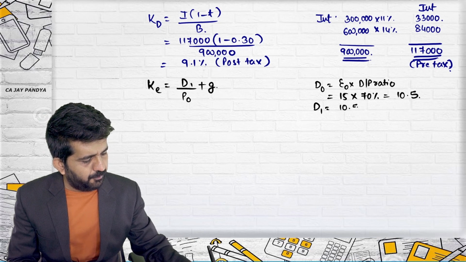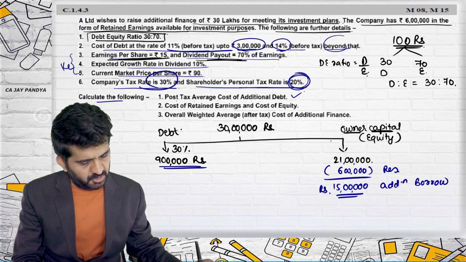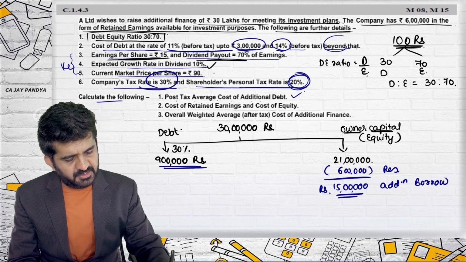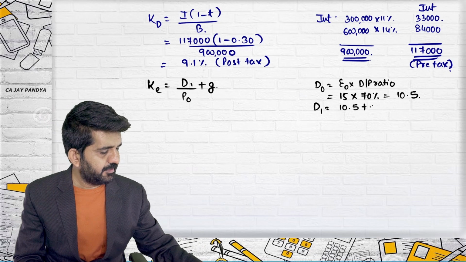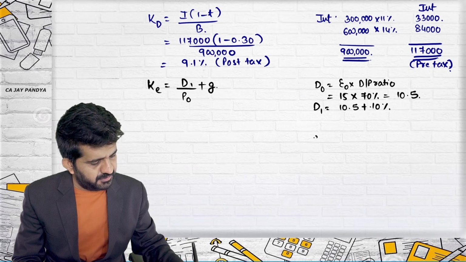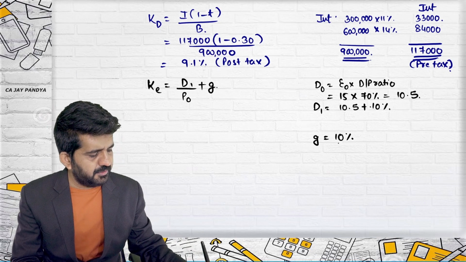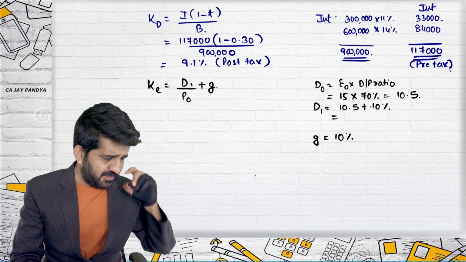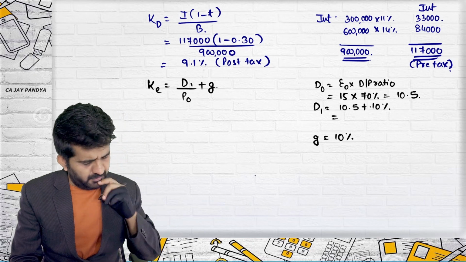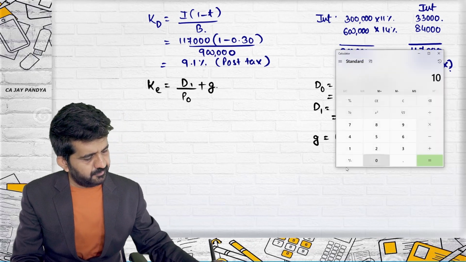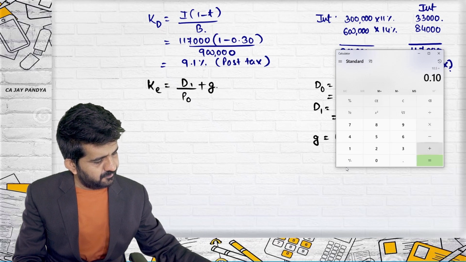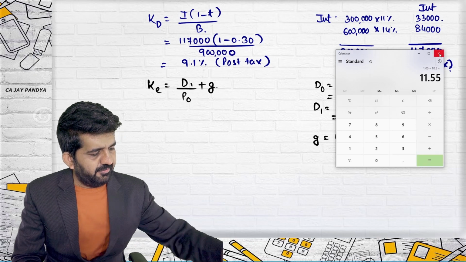D1 will be 10.5 plus, what is the growth rate? The growth rate given is 10%. So 10.5 plus 10% will be 11.55.